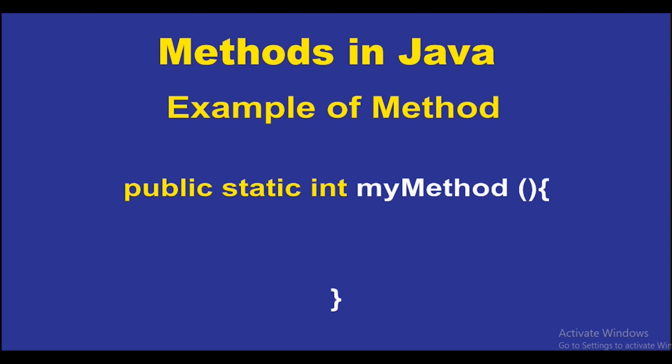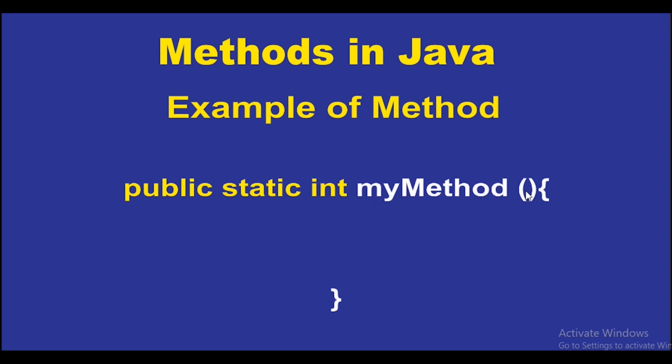Static is also a modifier. Int is the return type of the method. The return type can be void also, but we will discuss the return type later in the course. Here the function name is myMethod.